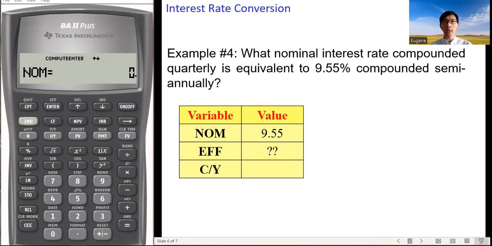The value for CY is 2. Let's get the effective rate. The variable NOM, 9.55. Press enter. And then key in the value for CY, which is 2. Compute the variable EFF, the effective rate.